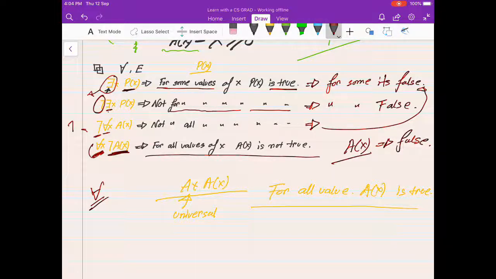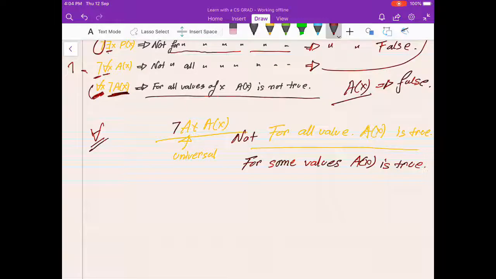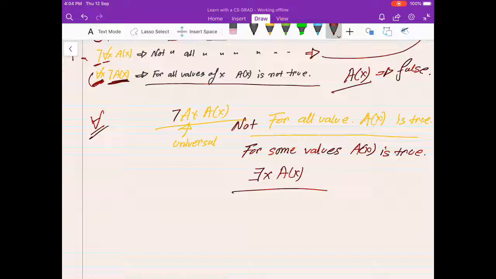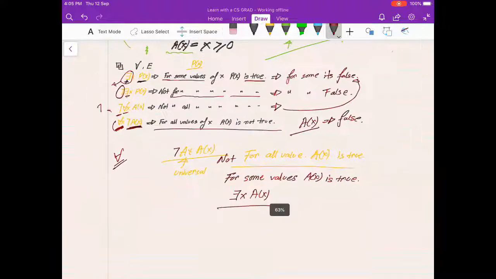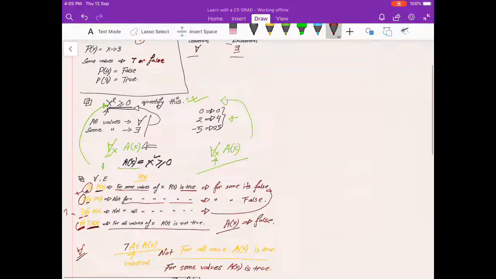However, if you put a not before it, this means not for all values of x, A of x is true, meaning that for some values, A of x is true, right? So this is similar to... I'll be looking into more examples so you guys understand this much better.